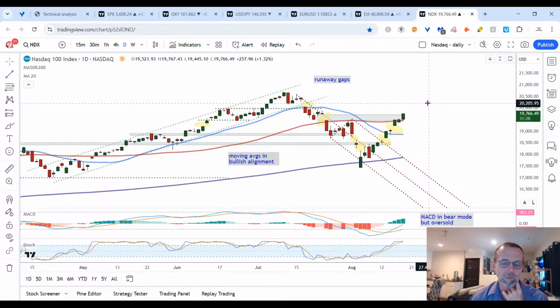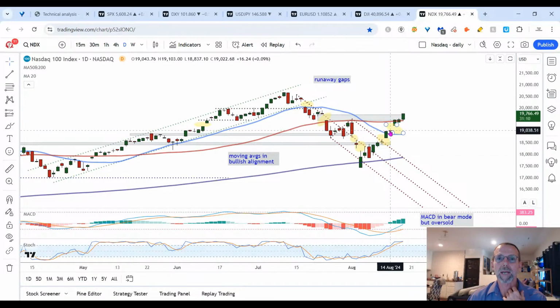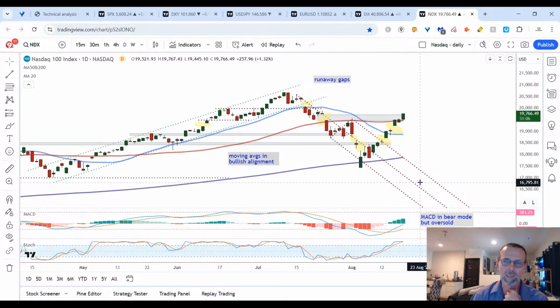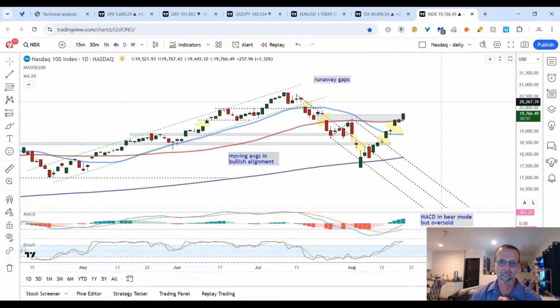So again, it has basically negated the idea that we are in a technical downtrend, which, again, in a technical downtrend we get a high, a low, a lower high, and then a lower low. Well, the next step in a continuation of the downtrend would be another lower high and then price rolling over. That's not what happened. We've now got a high that is higher than the prior high, so we're not in a technical downtrend anymore.